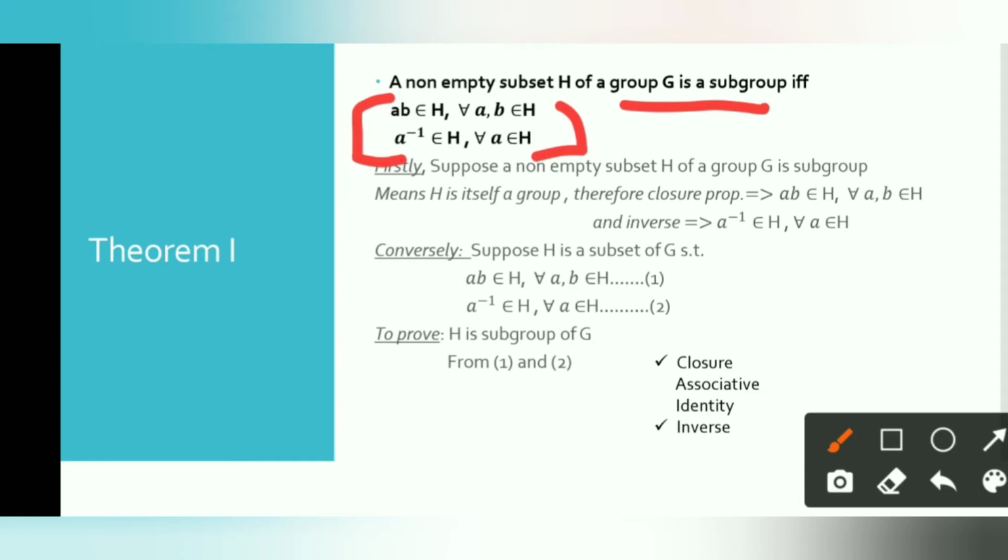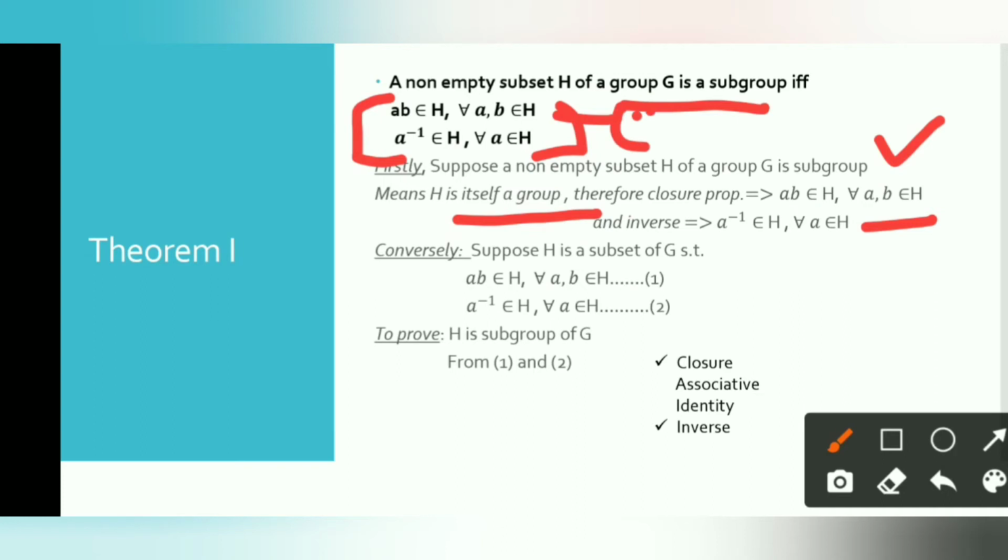So firstly we suppose that a non-empty subset H of G is a subgroup. We have taken H as a subgroup. Because it is a subgroup, it means it is a group itself, it will satisfy all the 4 properties. So the closure property means if we take two elements A and B from H, then A into B will be in H. That will prove the first part of the result.